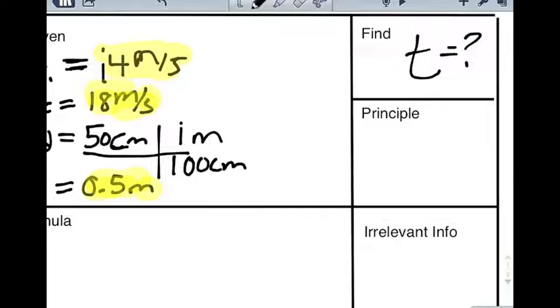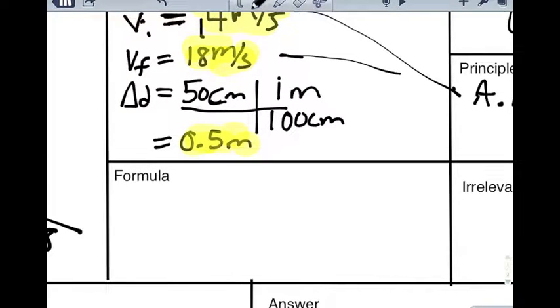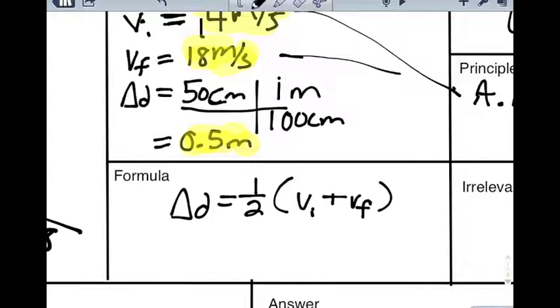We know the principle that's going to be involved here is the fact that the object is accelerating. So there's accelerated motion. It's no longer a constant velocity. It's no longer a constant 14 the whole time. So because I have an accelerated motion, I need to use the equation, and the equation that I'm going to use is the displacement is equal to 1/2 the initial velocity plus the final velocity times the time.